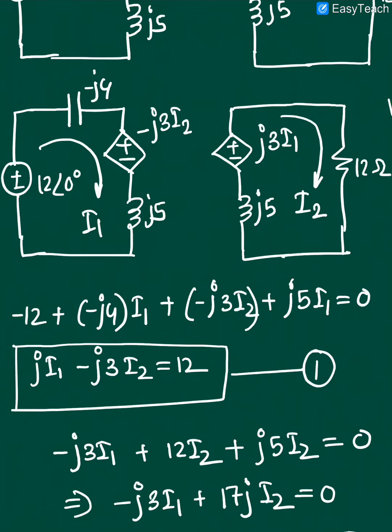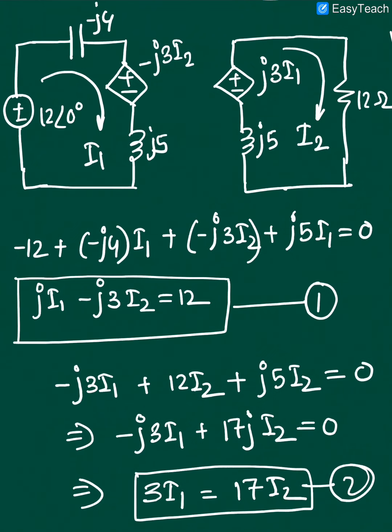Now apply KVL in both the primary and the secondary side, right? In the primary side this is minus 12 minus j4 I1 plus minus j3 I2, and this equals j5 I1, the current flowing in the primary side.